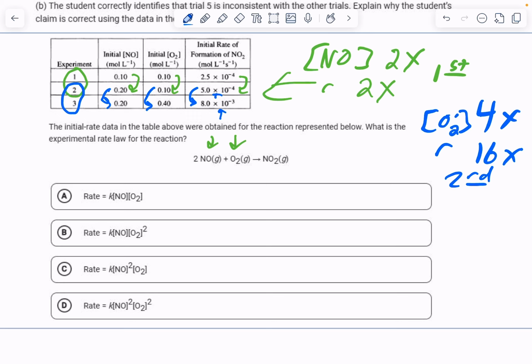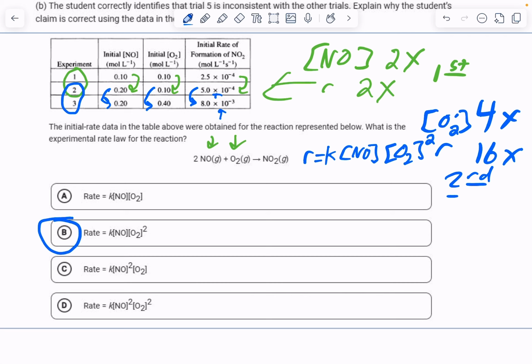So this rate law, without even looking at the answer choices, we're going to be looking for something that has rate equals k, concentration of NO, and since it's first order, it will just have a 1 as the exponent, but if it's a 1, then we don't really need to include it because anything to the first power is just itself. And then we need to include O2 to the second power because it is a second order reactant. So we're looking for an answer choice that fits that, and that would be B.